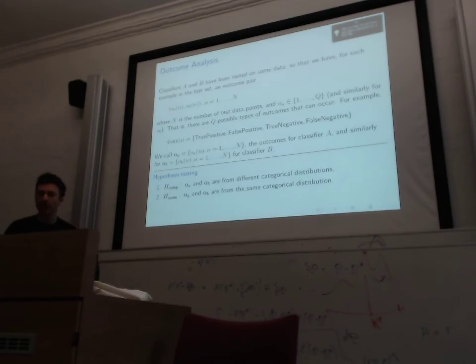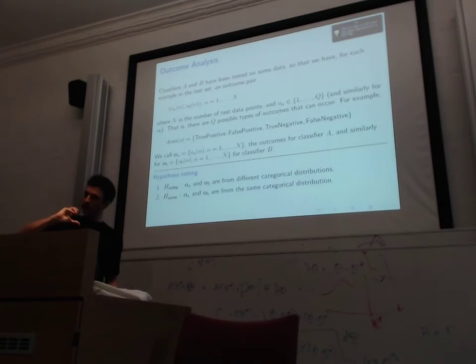So this is quite a general problem, and what I'm going to do is test hypotheses as to whether or not they are different.